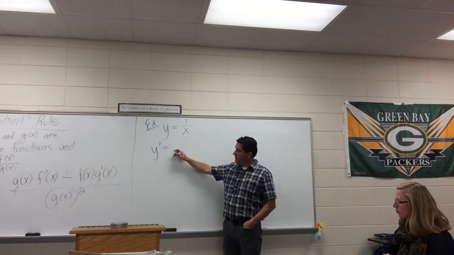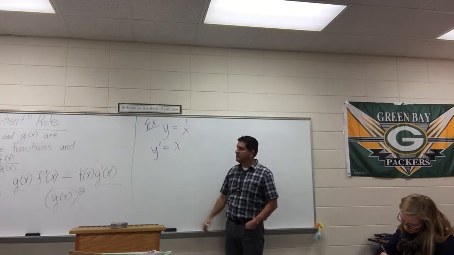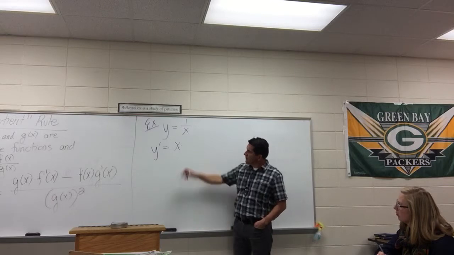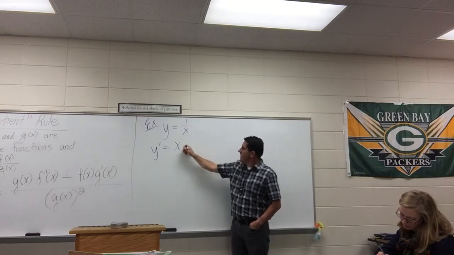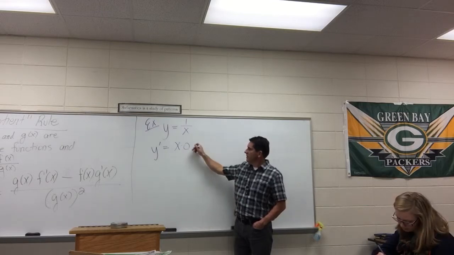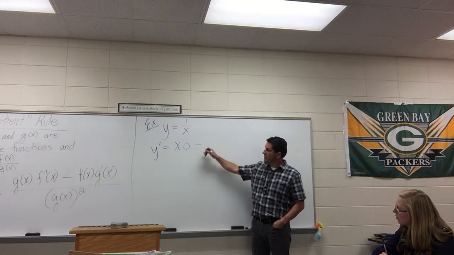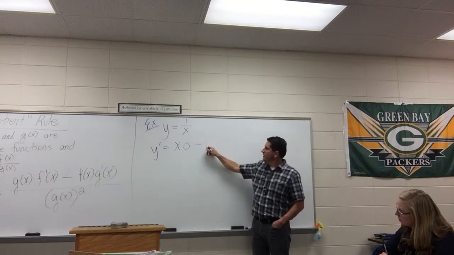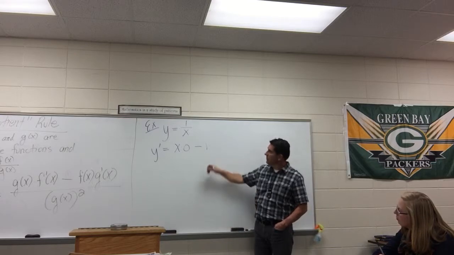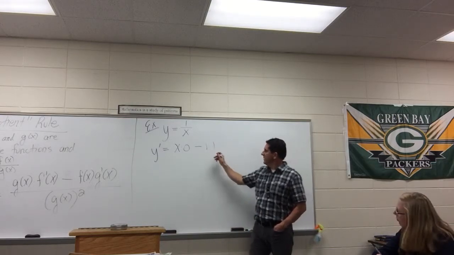All right, who's g? x. So this is x times the derivative of f, which is the top, so that's 0, minus 1 times 1. Derivative of x is 1.